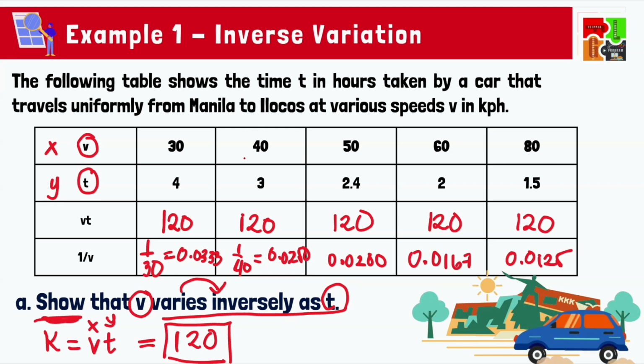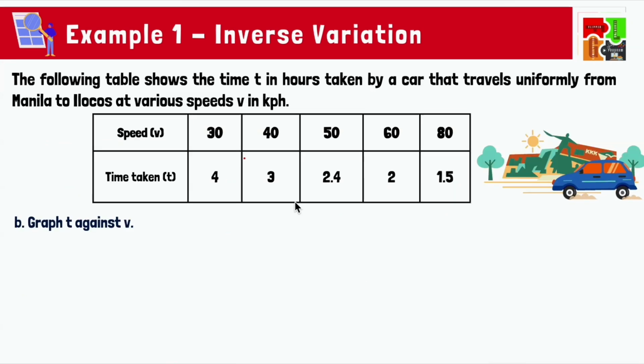So, because V times T is equal to 120, that is a constant, V and T are in inverse proportion. So, that is the correct answer. Okay, so we will graph this particular table. So, how to graph it? First, you have to draw a graph. So, here we have the graph. Dito ilalagay ko yung time.